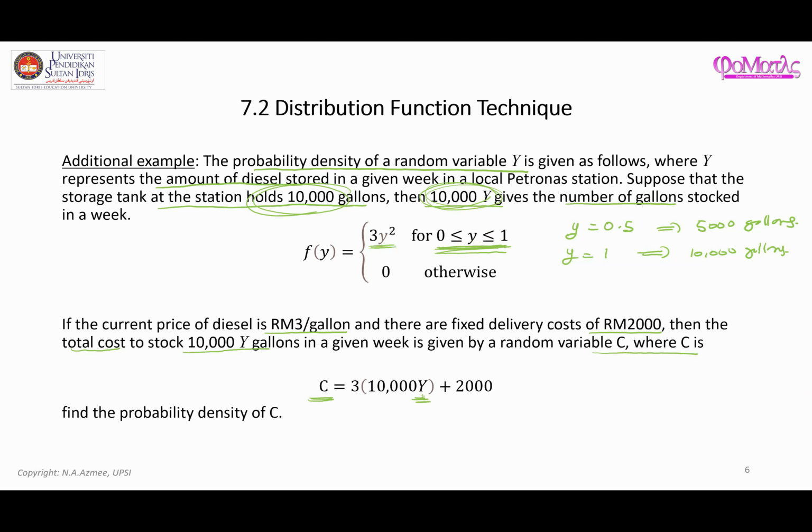So when C depends on Y, which is random, therefore C is a random variable. Simple as that. So when C is a random variable, you may want to find the PDF of C. Now this C here is equal to 30,000Y plus 2,000. So that is the value of C.